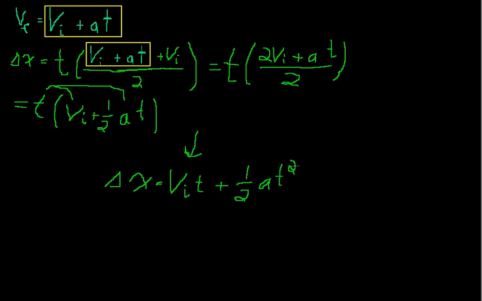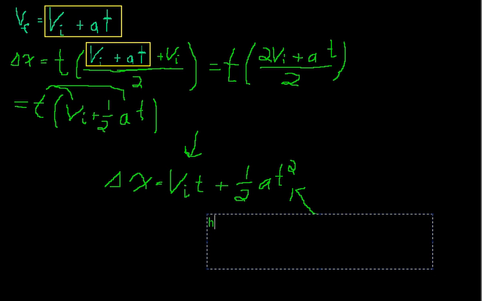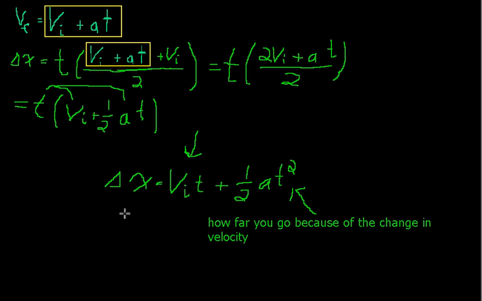So you can view this as how far you go because of the change in velocity, right? Because this is how far you'd go if you weren't accelerating, and then this is like that little bit extra. So hopefully that makes sense. Hopefully it's a bit clearer to you.